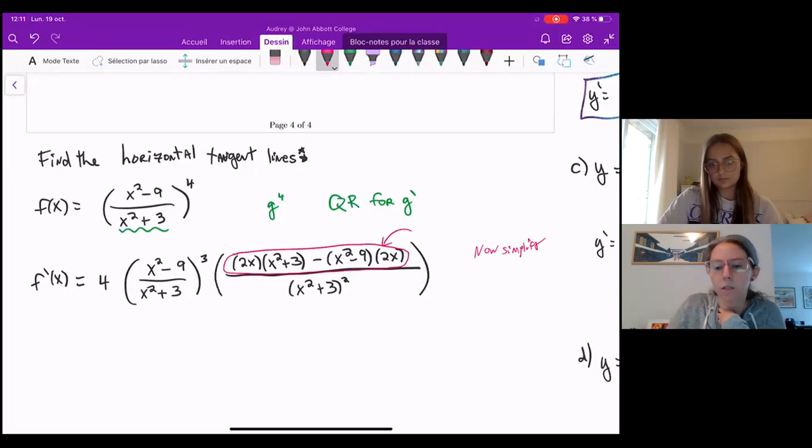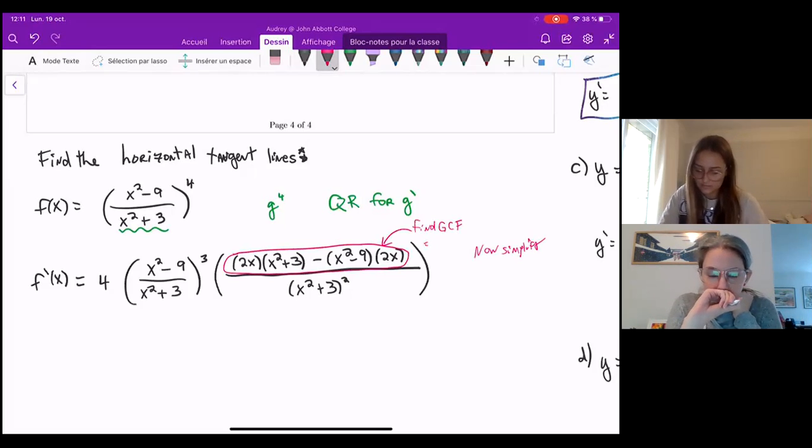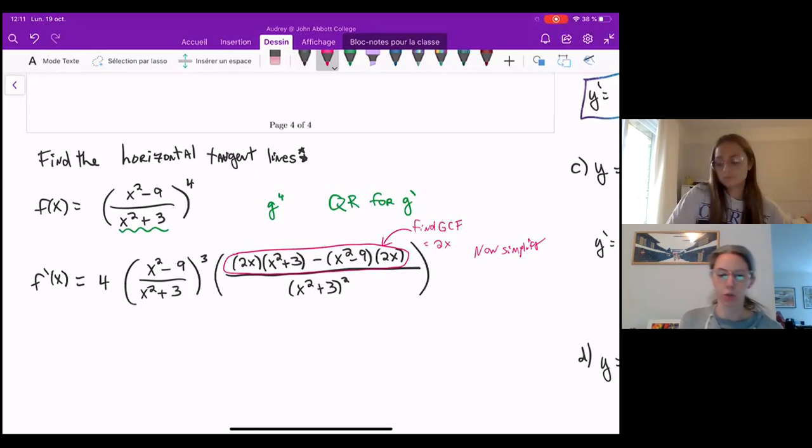I want to find the greatest common factor and factor that. So we're going to find the greatest common factor here. What is it? 2x. You got it. It's just 2x. My greatest common factor was just 2x.